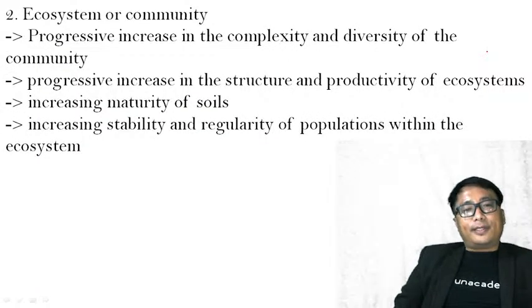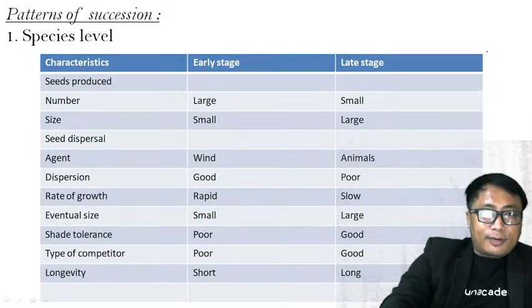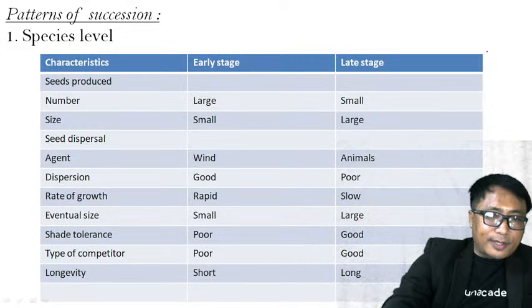Ecosystem or community: progressive increase in the complexity and the diversity of the community. Progressive increase in the structure and the productivity of the ecosystem. Increasing maturity of soil. You see here, we are talking about the pattern of succession. So, the pattern of succession at the species level can have these characteristics.